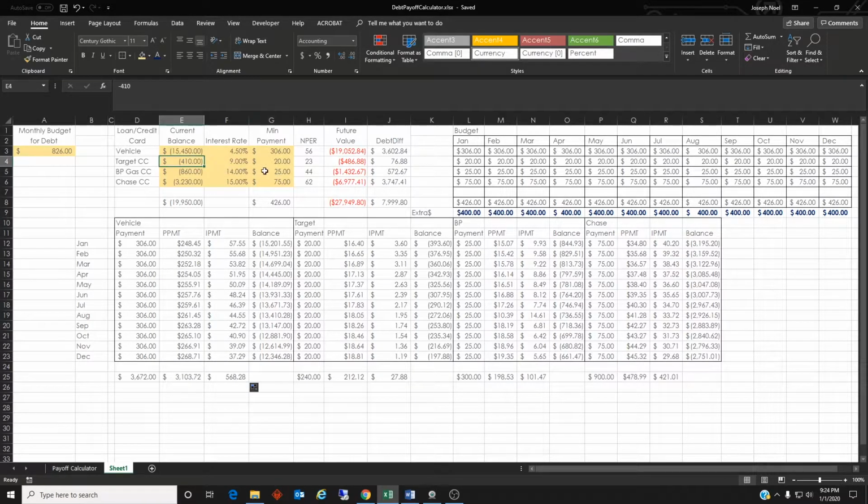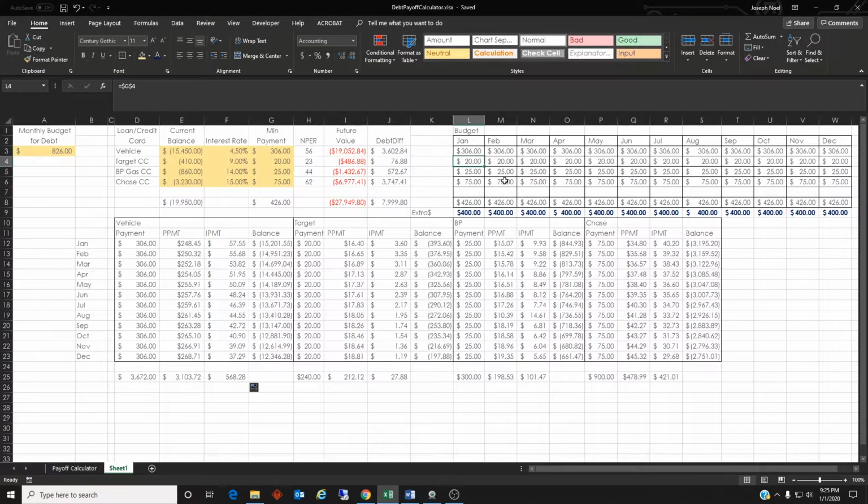So let's go ahead and adjust our budget for using the Snowball method. We can see that our current balance of $410 on our target is our lowest payment. So in January of this year, once we've cut up our credit cards, we're going to go ahead and pay off our target credit card.